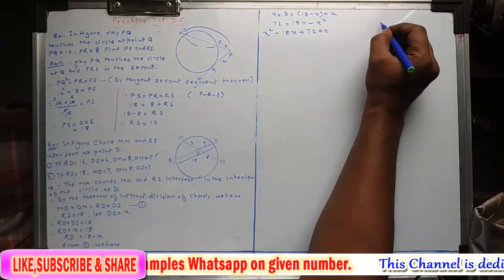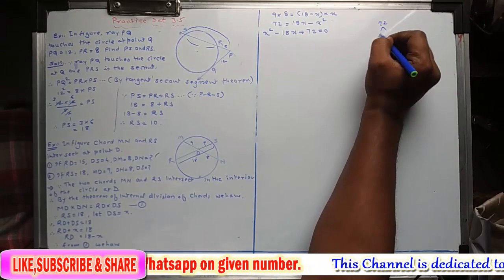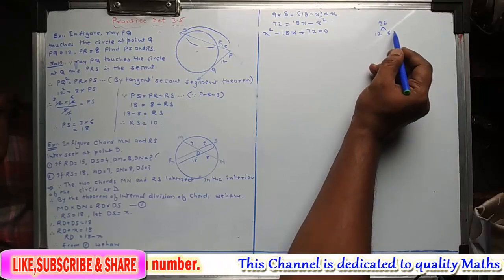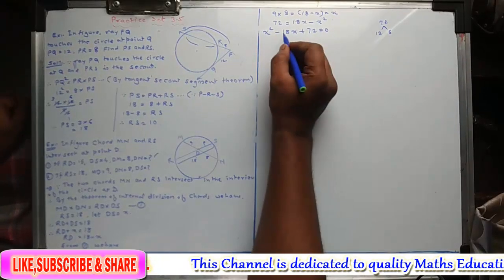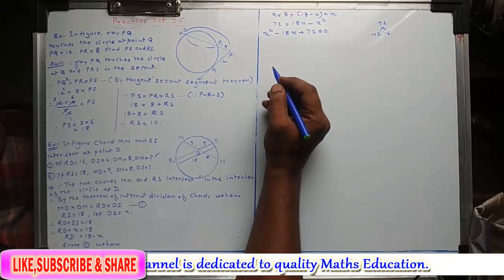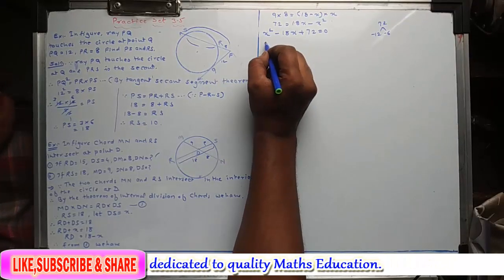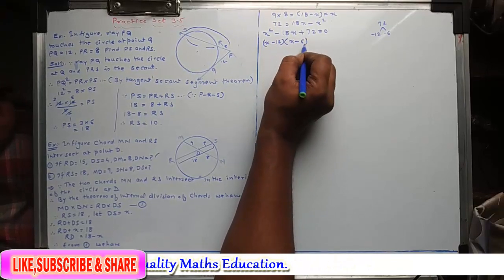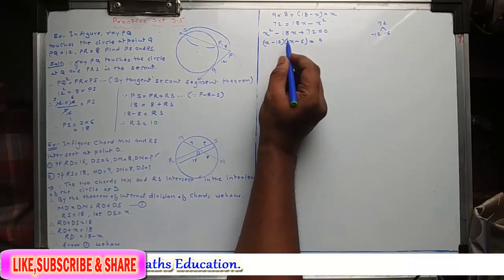Okay, factors will be 12 6s are 72, है ना, and here we need minus 18, so we took minus sign for both. So finally you will get x minus 12 into x minus 6 is equal to 0, है ना.